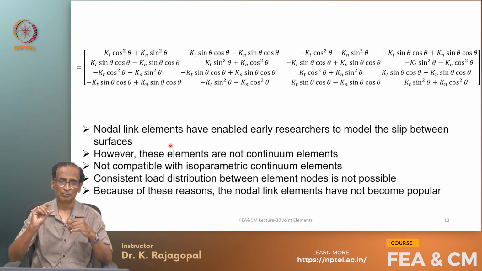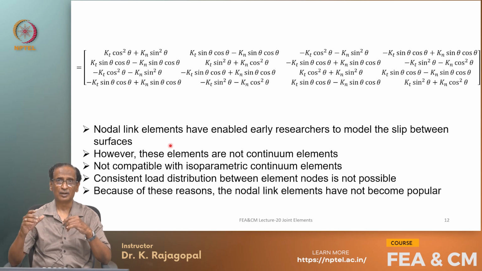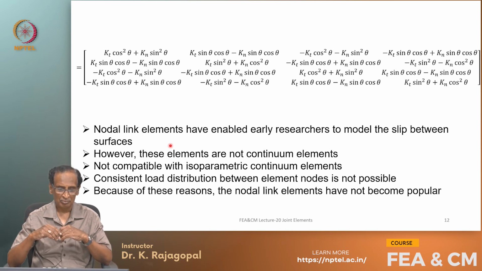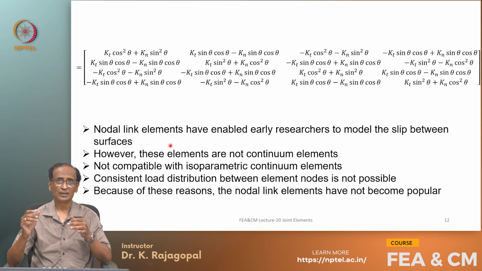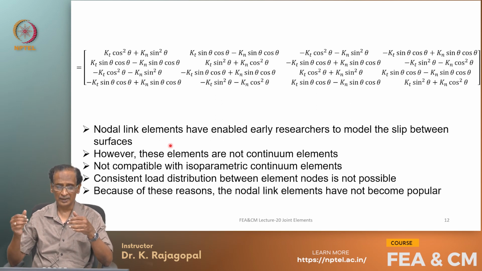Actually, these are discrete, provided at discrete points, and these are not really compatible with the isoparametric elements, because in the case of isoparametric elements, we have seen that the corner nodes, they will have some weight factors, and then the mid side nodes, they will have some weight factors, and in the case of a 9 node quadrilateral, the center node will attract more loads and so on, we have seen.